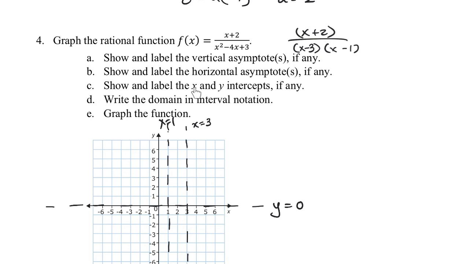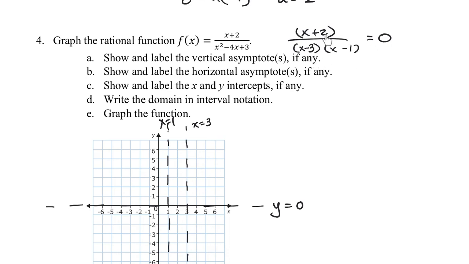So let's start with the x-intercept. If we want to find the x-intercept, we let y equal 0. Remember, f of x represents y. So if we set the whole entire function equal to 0, we need to solve that equation. And if you remember from our discussion, I know it's been a month or two, but there's actually a really easy way to solve this equation. You think, well, gosh, this is going to be hard because it's a rational expression. But what's the only time a fraction is ever going to equal 0?